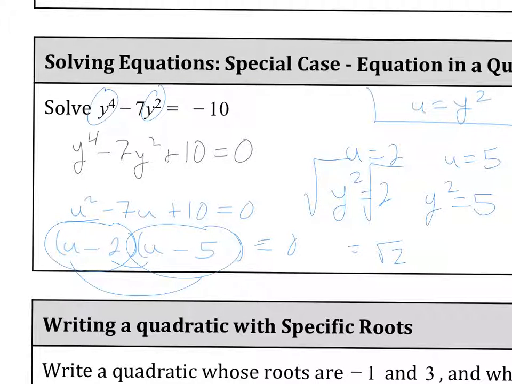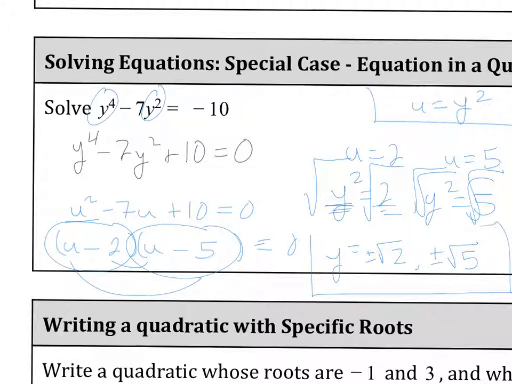But the other thing is, there's two things you can square to get a 2. It could be positive or it could be negative. Because if you multiply a positive by itself, it's positive. If you multiply a negative by itself, it's positive. So I'm going to put that plus or minus in here. And likewise over here, I'm going to have plus or minus radical 5. So I'll square root, and because I'm square rooting, I've got to remember to put that plus or minus in there. So these are our final answers.